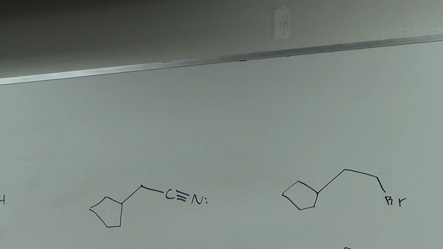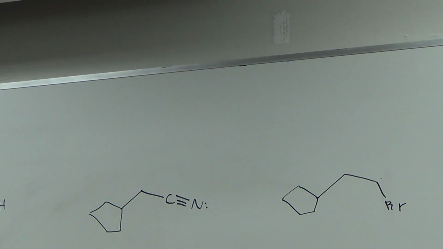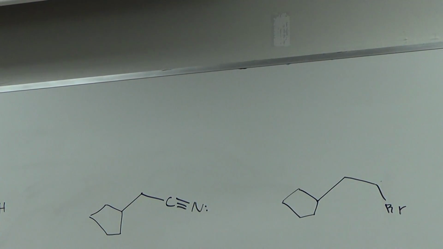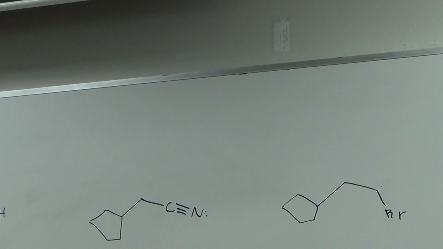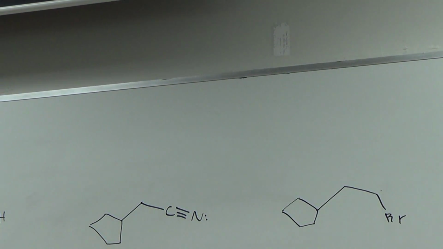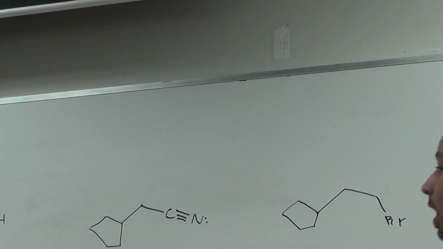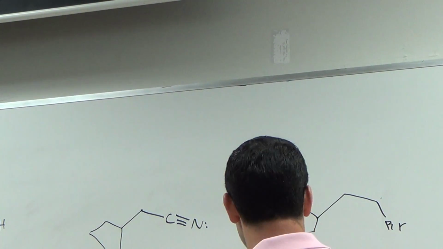Which alkyl halide did that first nitrile one come from? The first one. The top one. Right. Well, didn't we say it was with the two carbons? I mean, the CN does have a carbon, yes, but it adds to the chain. So, the one on the bottom.